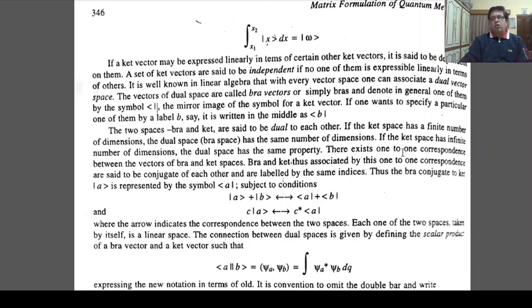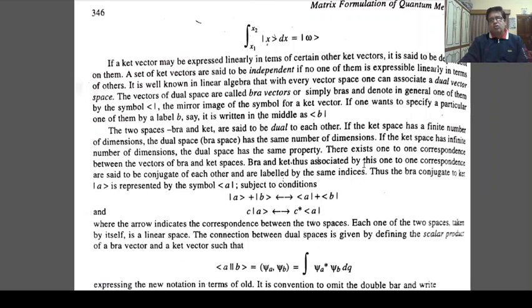There exists a one-to-one correspondence between the vectors of bra and ket spaces.